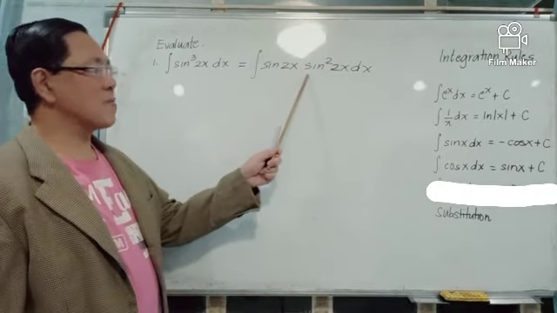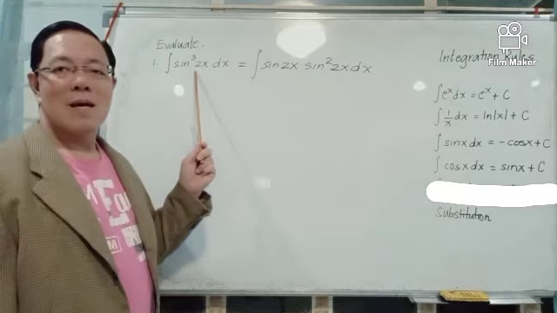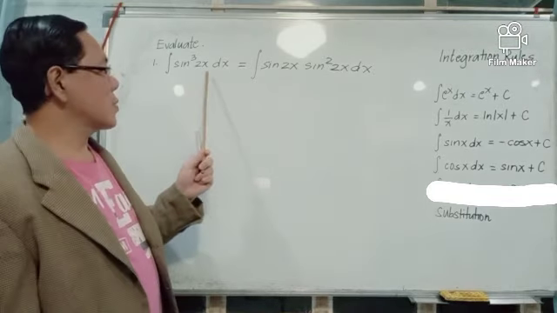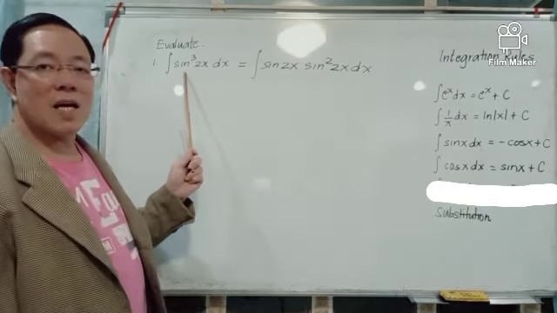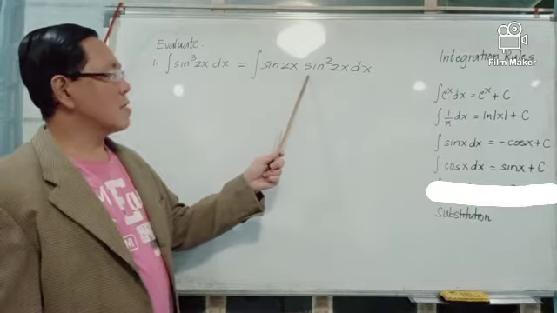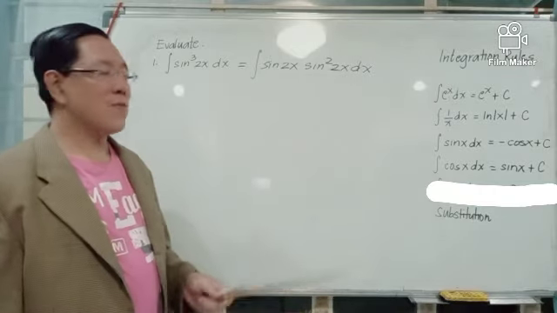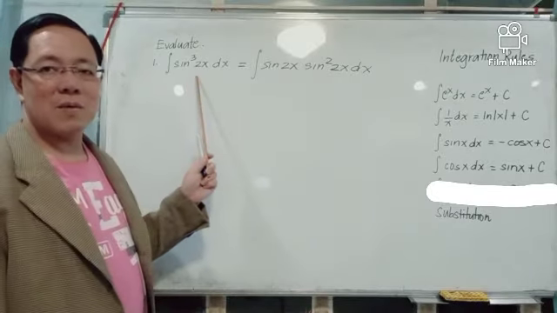Sine 2x multiplied by sine squared 2x is the same as sine cube 2x. We have just rewritten sine cube 2x as the product of sine 2x and sine squared 2x in order for us to find the integral of this integrand.